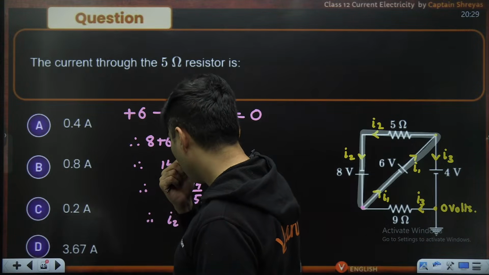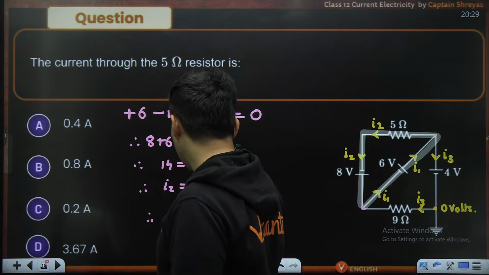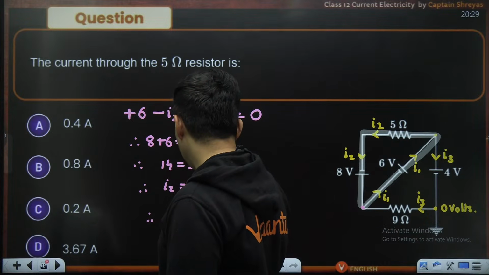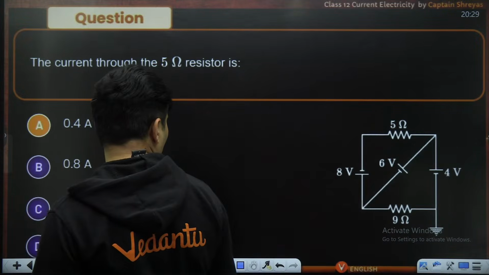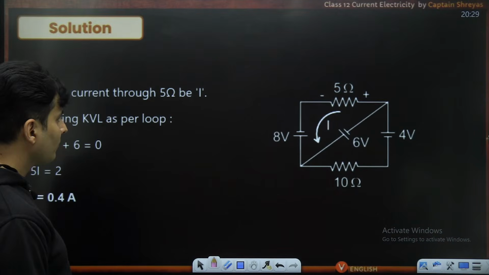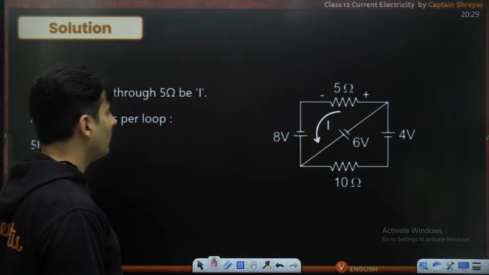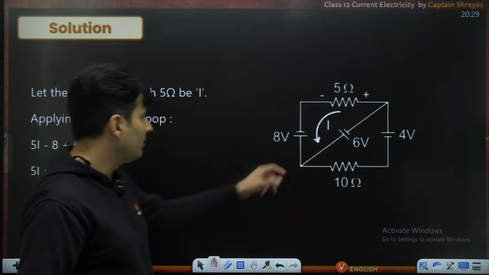Maybe they have messed with the calculations. It should have been ideally 2.8 amperes, but I think they have messed it up for some reason. Why have they given 0.4? See why they have given the wrong answer: they have messed up the terminals in the diagram.